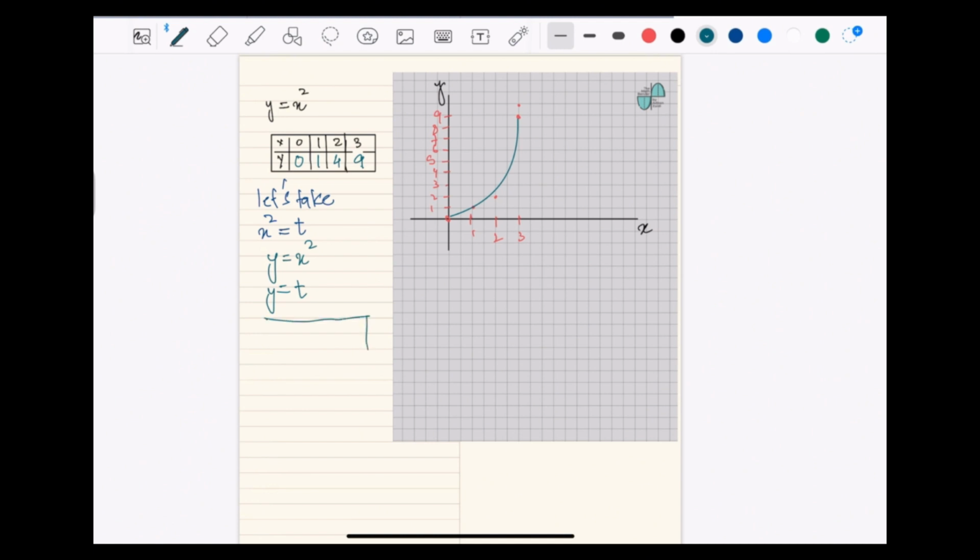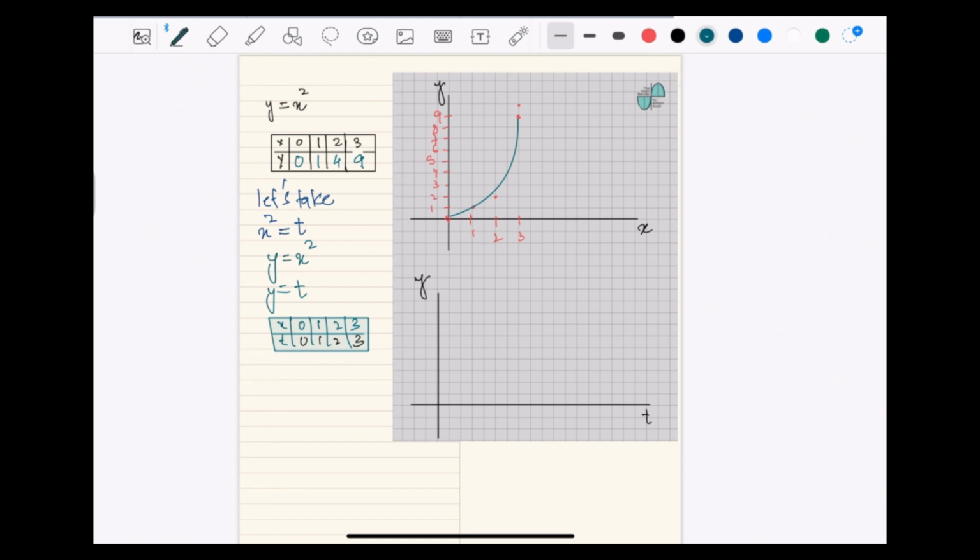So let's draw this against t now. If I see x and t for the same values 0, 1, 2 and 3, the value of t will be 0, 1, 4 and 9. So let's draw this one. I'll name my x-axis t for the moment, and this is y.